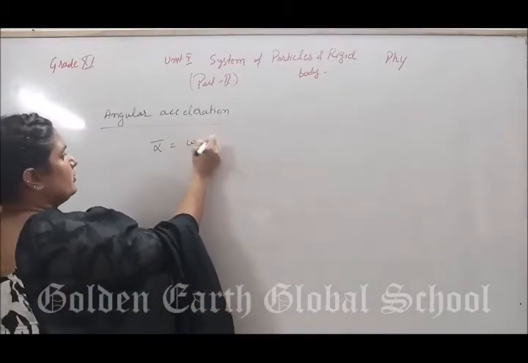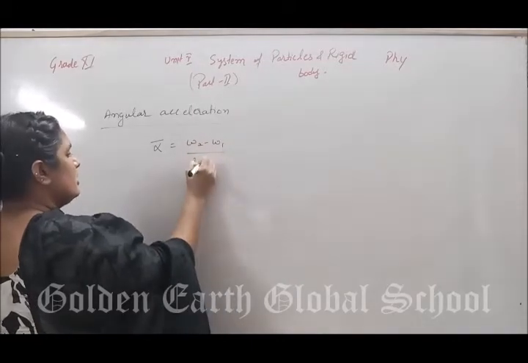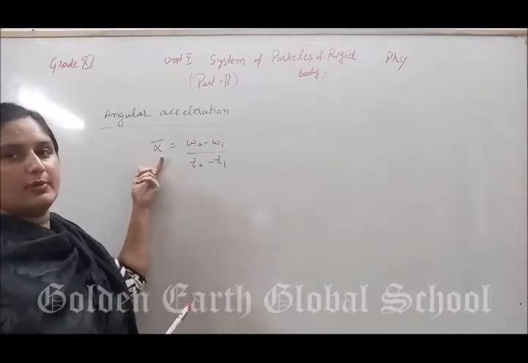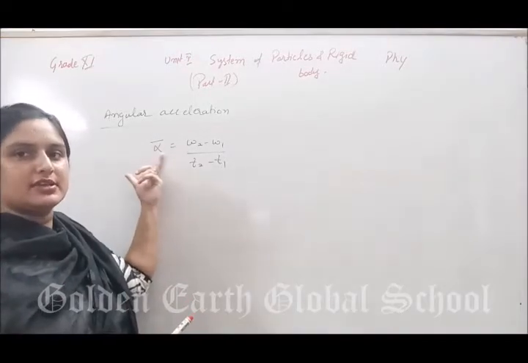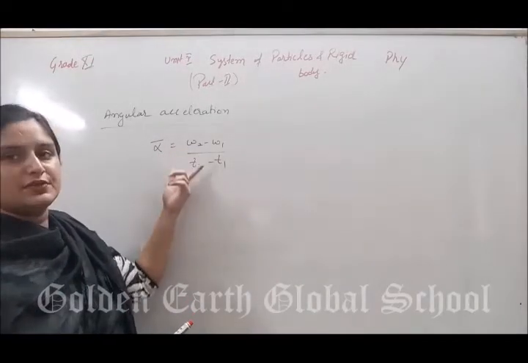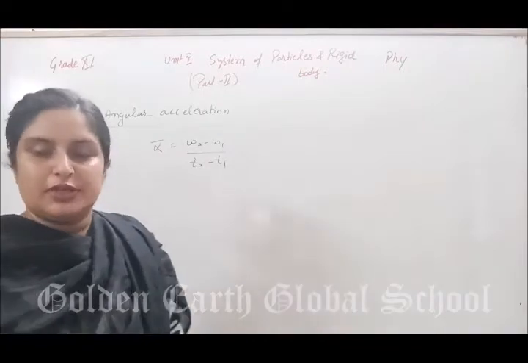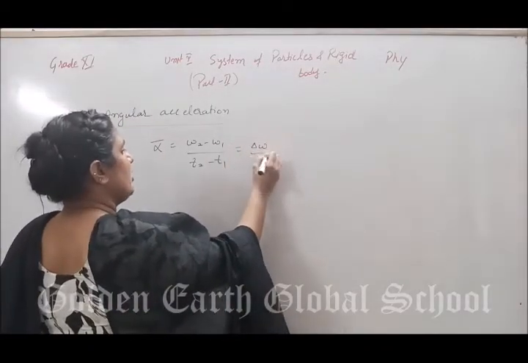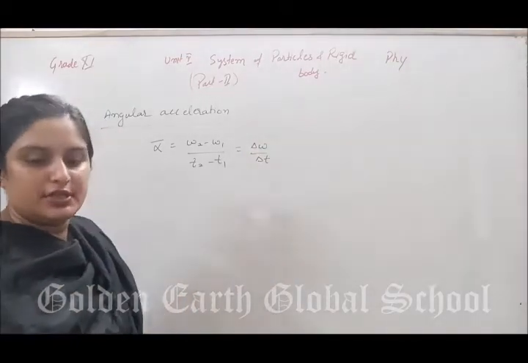Alpha bar will be equal to omega 2 minus omega 1 upon t2 minus t1. Alpha bar, the angular acceleration, is equal to the ratio of change in angular velocity divided by time, or it can be written as delta omega upon delta t.